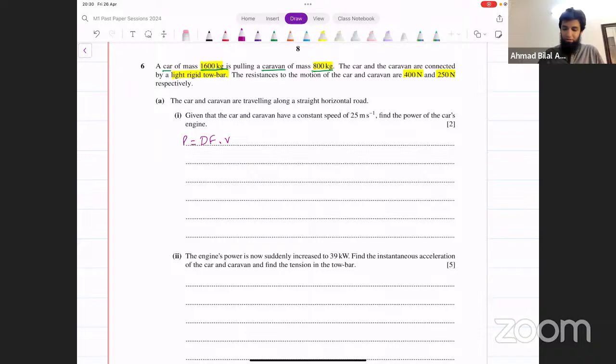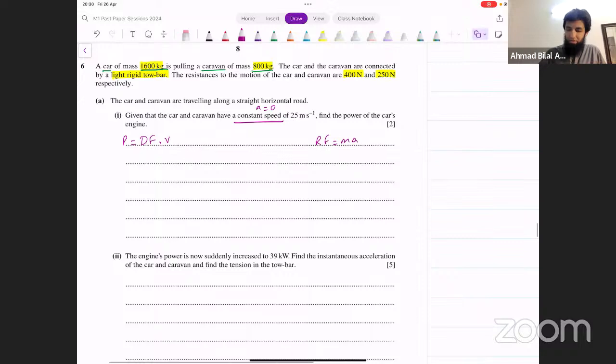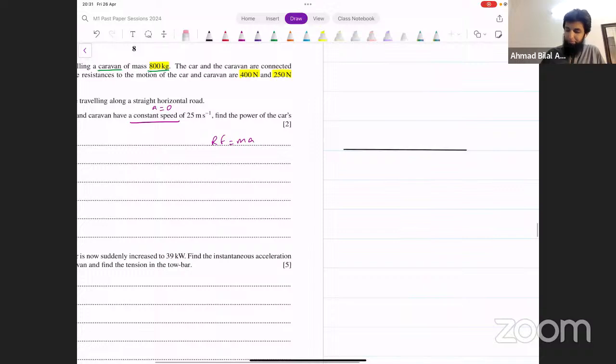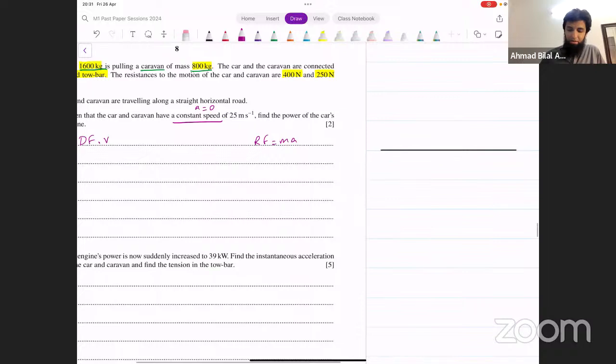Let's think about it. The speed is constant. Okay, so if the speed is constant, what does that mean? Acceleration is going to be 0, right? Constant speed means acceleration is 0. So if we were to use resultant force equals mass into acceleration on this, what do we get from that? Let me just represent this diagram here on the side. Okay, so we have a car that has a mass of 1600 kg.